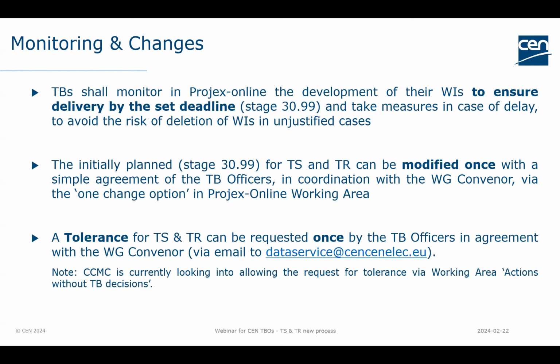And this is a common agreement between the CEN BT and CENELEC technical board. So basically, it is a common, identical rule for TS and TR when developed by CEN or by CENELEC or in joint technical committees.